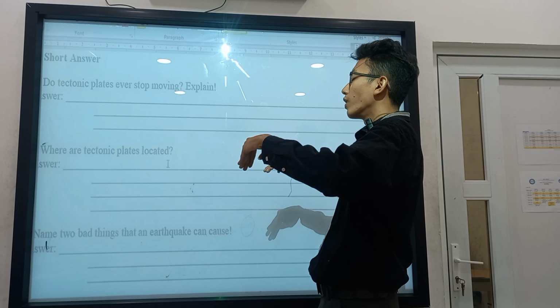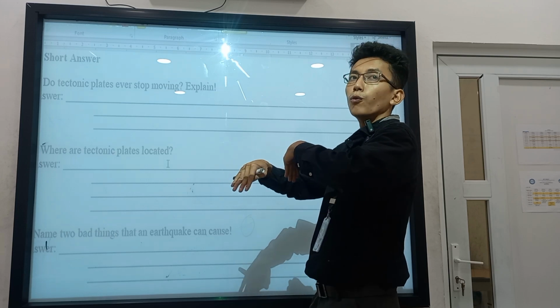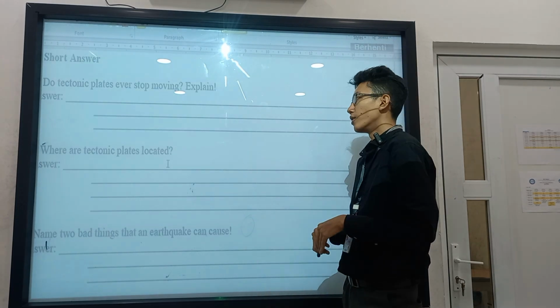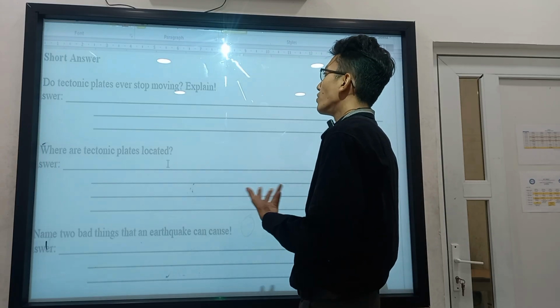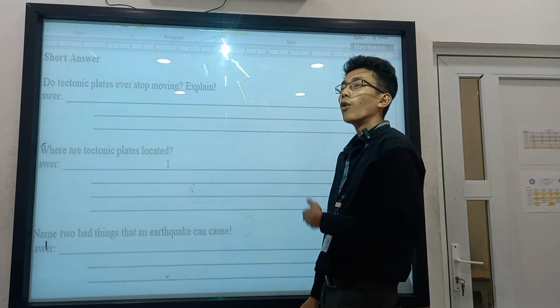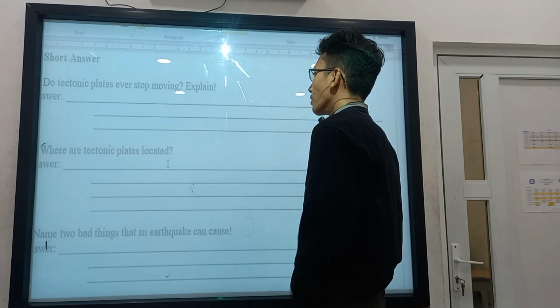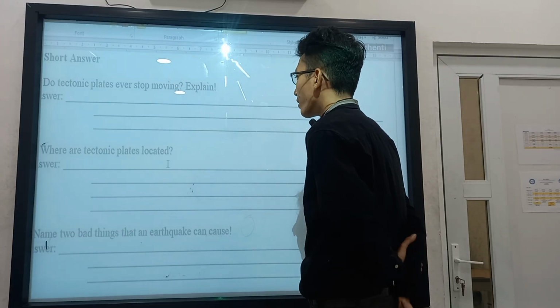So it's something that will move and pass with other plates, Australia plates. I see. So in turn it makes the ground shake. It also makes the volcano as well, and so on. I see. It will never stop moving.